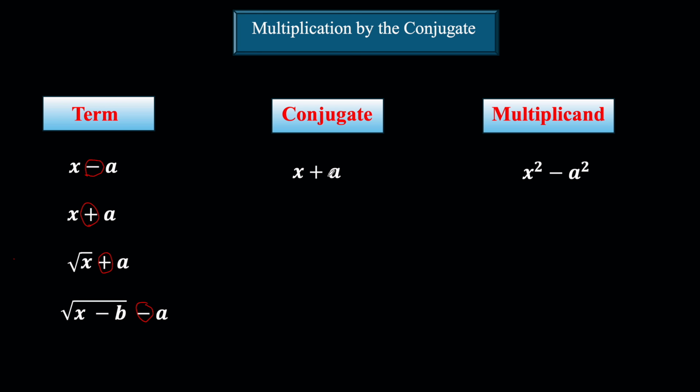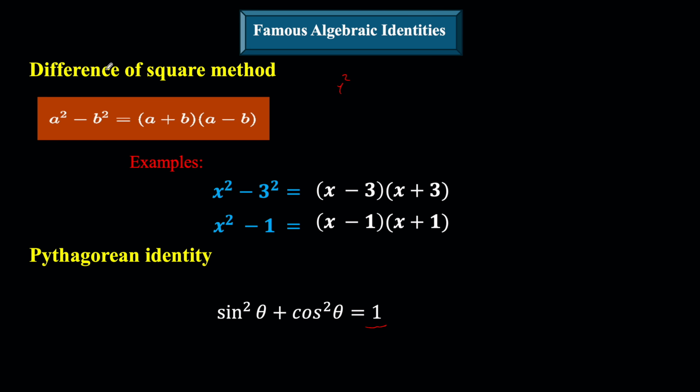If I ask you now for the multiplication, what is it? It is x minus a multiplied by x plus a. This shape reminds you of what we just saw: the difference of squares method, where a squared minus b squared is equal to (a plus b) multiplied by (a minus b).